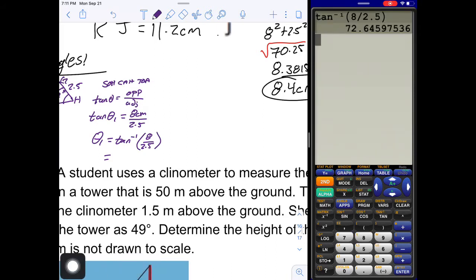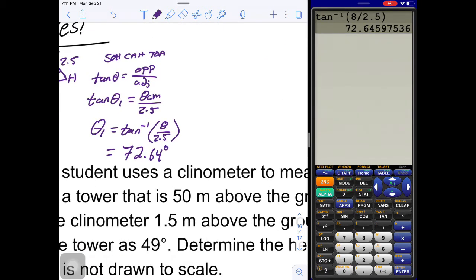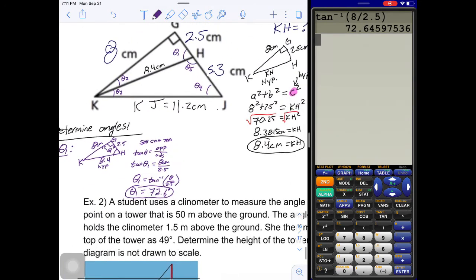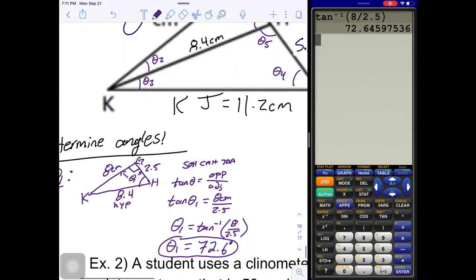And that's going to give me 72.64 degrees. Okay, and I'm going to just round this to 72.6 degrees. So that's angle 1 right there. So we've already found angle 1. Now, we can easily find angle 2. Angle 2 is right here.